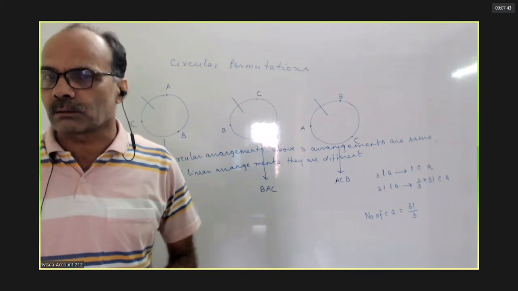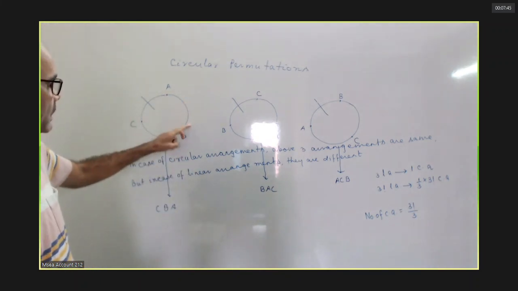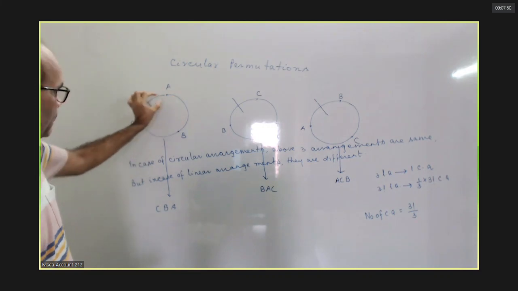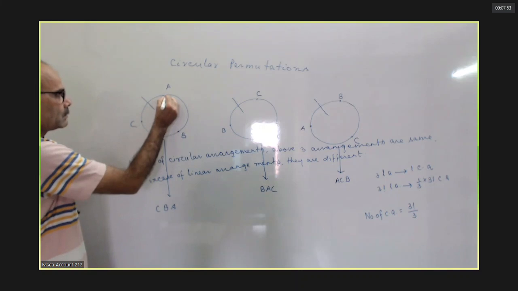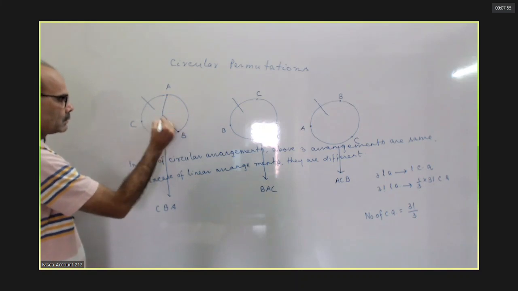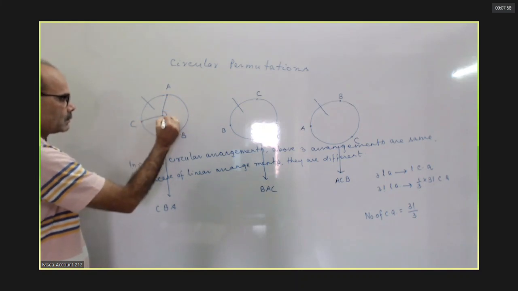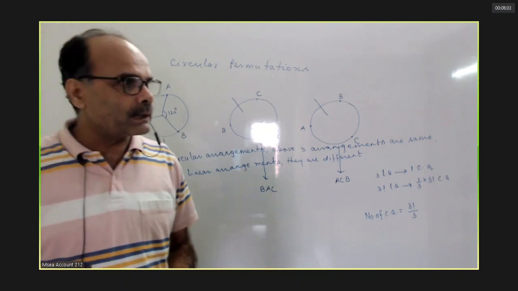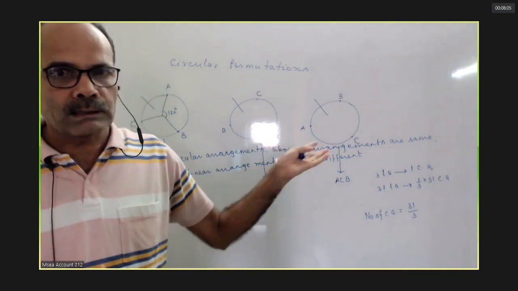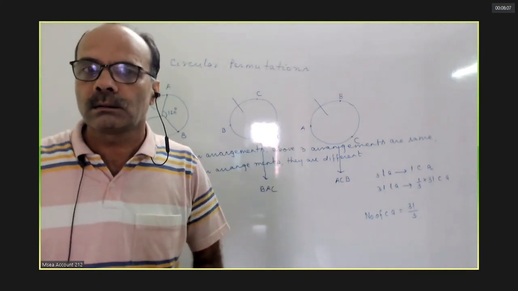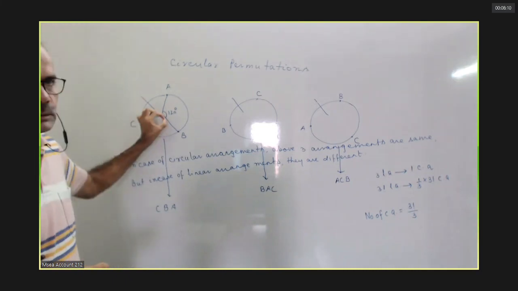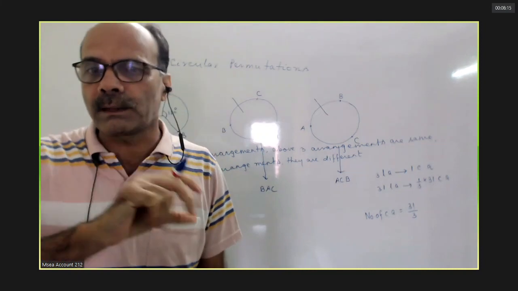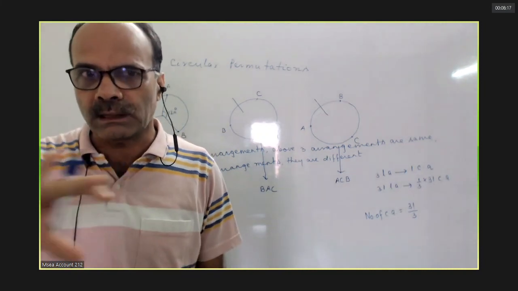Now let us generalize it. Suppose we have n distinct objects arranged on a circular table. The angle between them will be 2 pi by n, and if you rotate it by 2 pi by n, it will be the same arrangement.